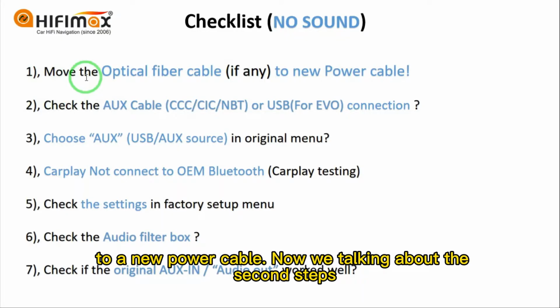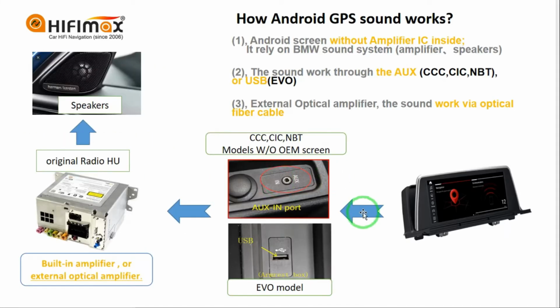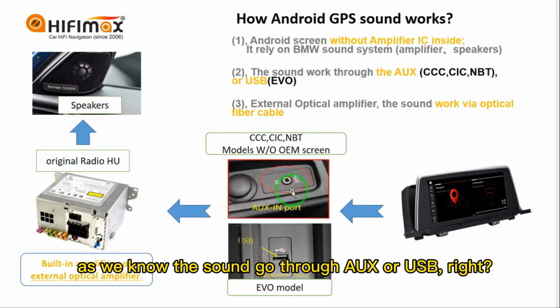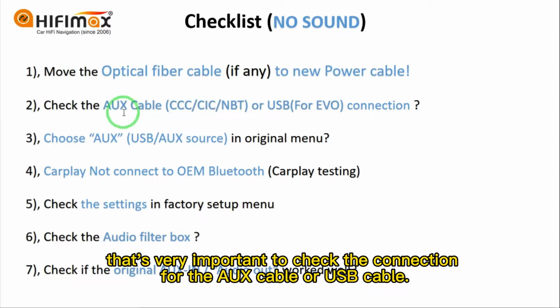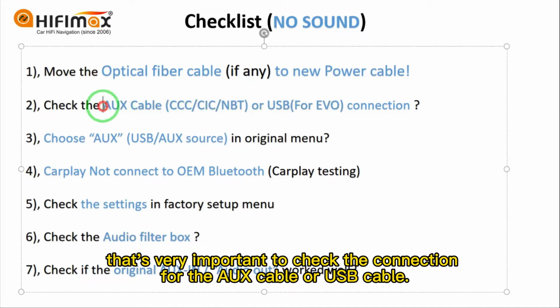Now we're talking about the second step. As we know, the sound goes through AUX or USB, right? So it's very important to check the connection of the AUX cable or USB cable.